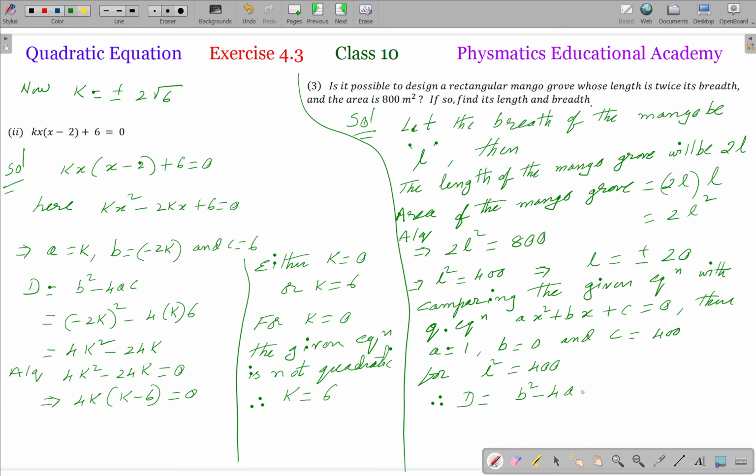Therefore, D is equal to b square minus 4ac, that is 0 square minus 4 into 1 into minus 400.